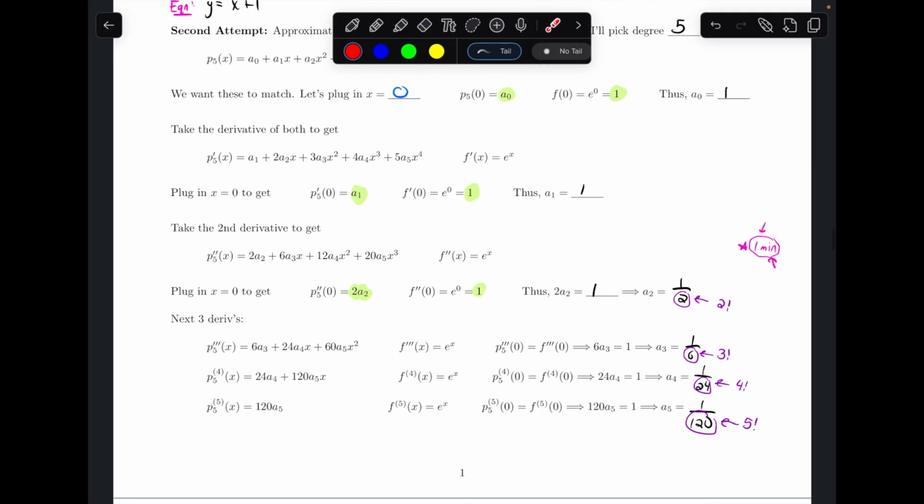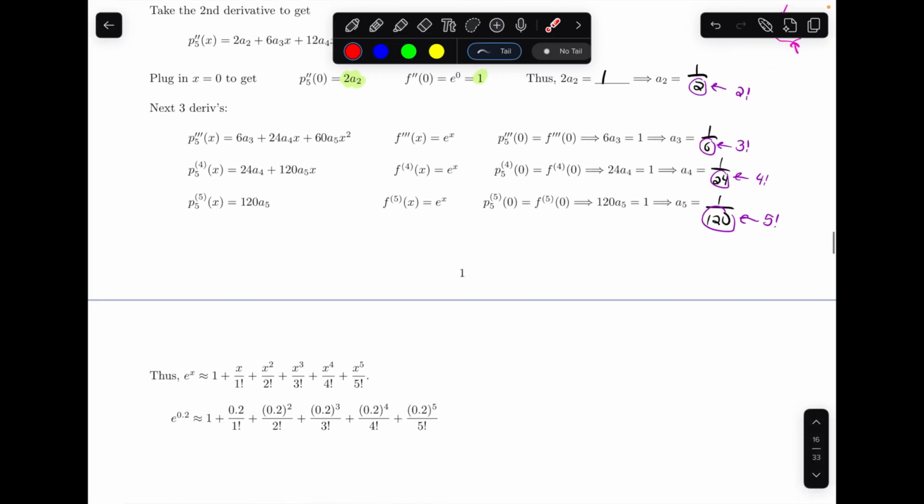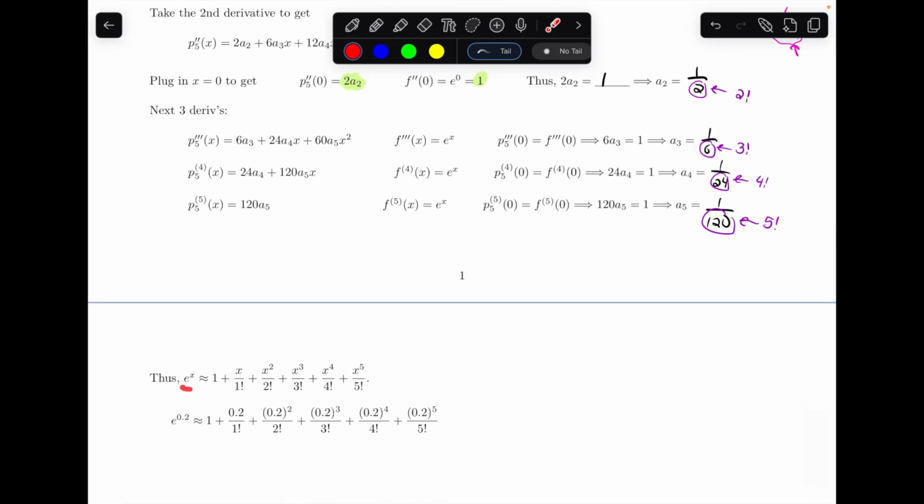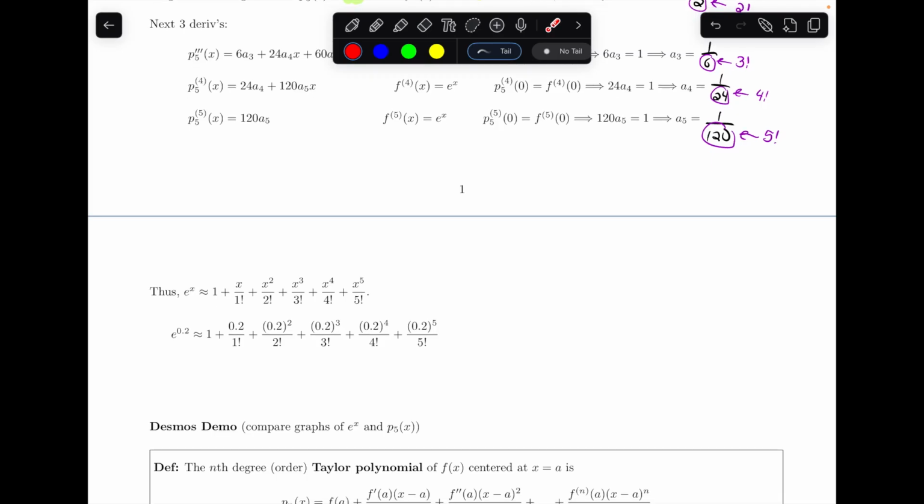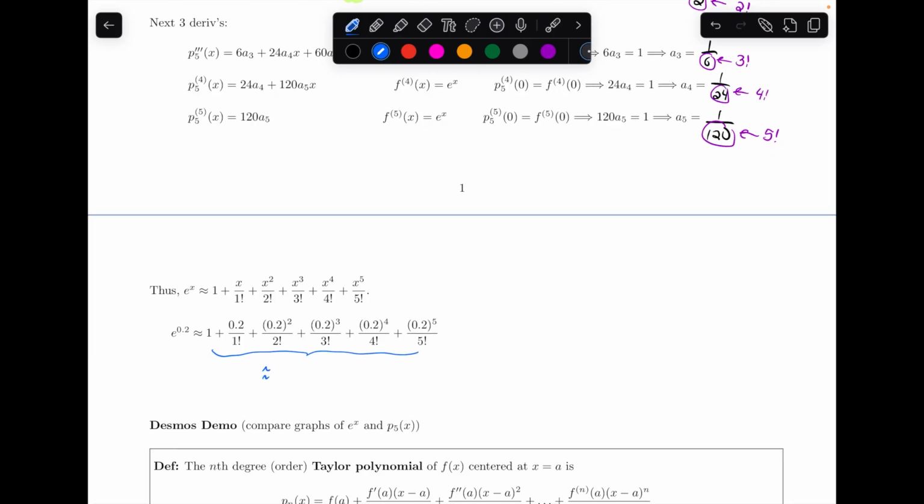So if I take all those coefficients and I plug them in, well, I get this: e to the x is approximated by this polynomial. So if I want to plug in 0.2 into both sides, I can. And if I use a calculator to estimate this, well, this right-hand side ends up being approximately 1.22140267.